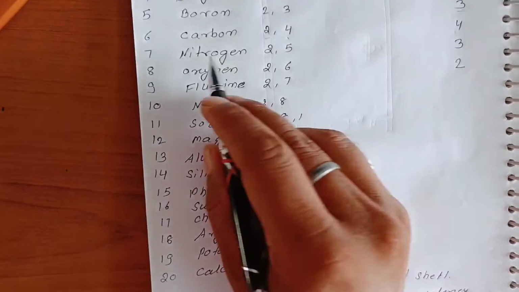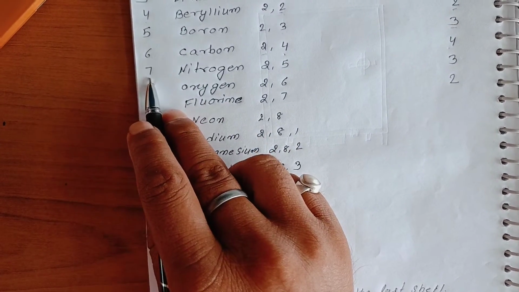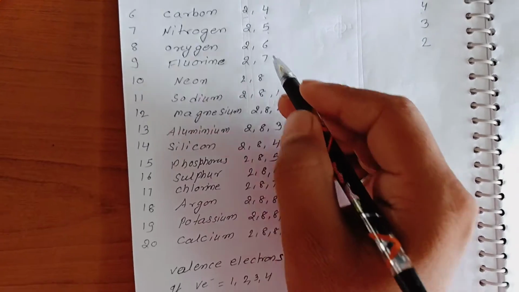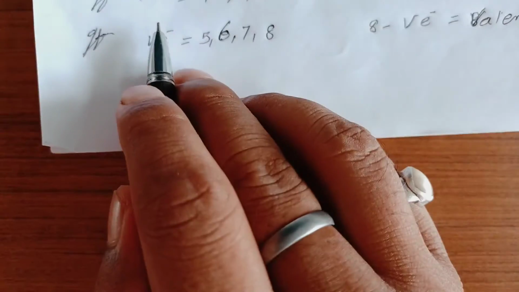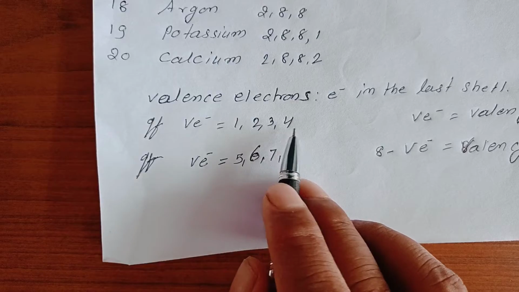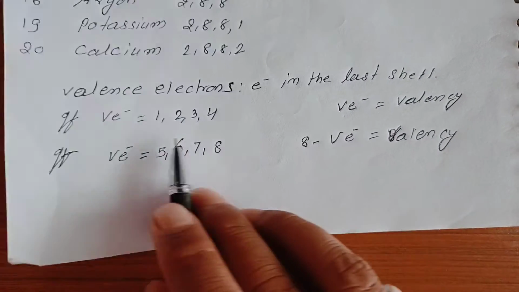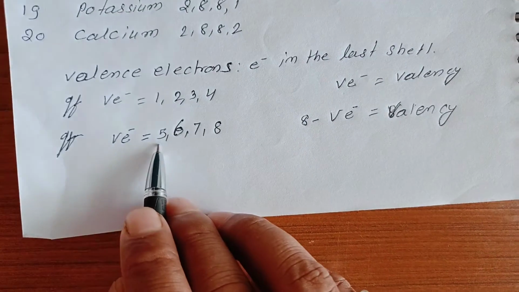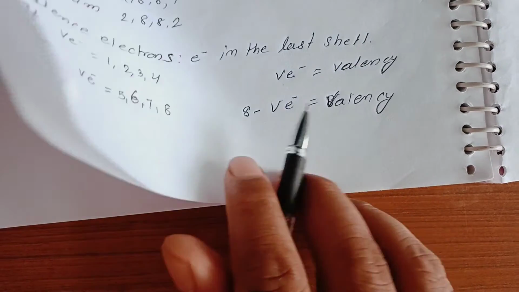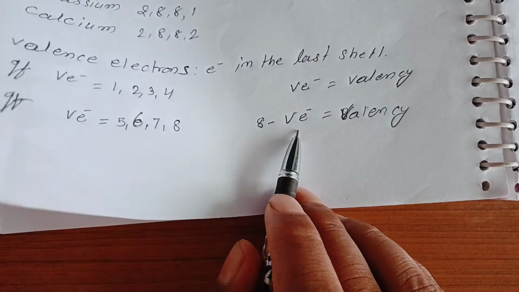But in nitrogen, here written nitrogen atomic number is 7, then we write 2, 5. So if valence electron is 1, 2, 3, 4, then valency is equal to the valence electron. But if valence electron is 5, 6, 7, 8, then valency is equal to 8 minus valence electron.